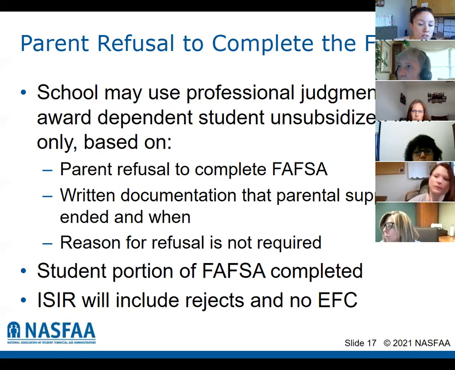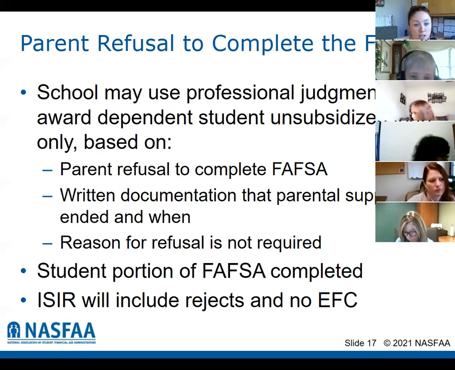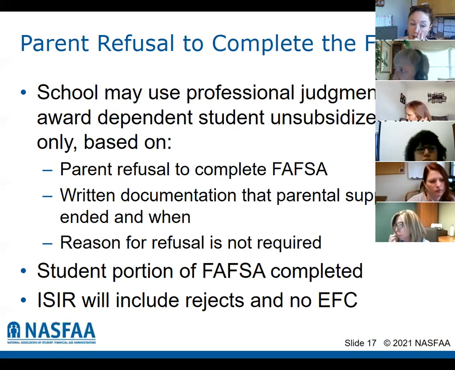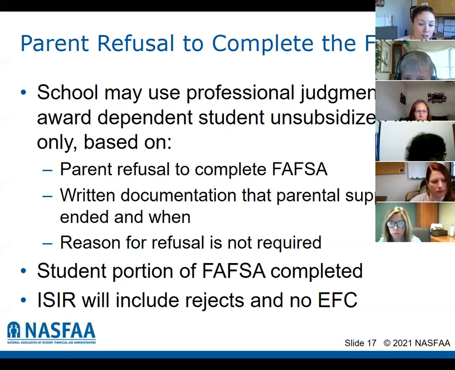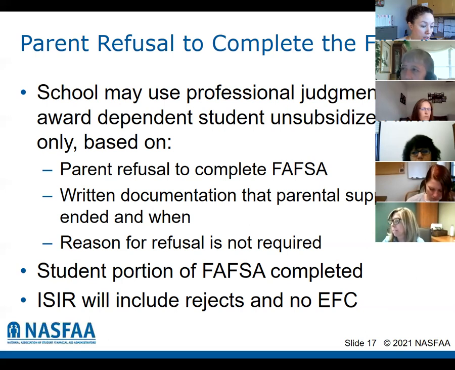Okay, so this is just a little bit about overriding the dependency status or the amount of Stafford loan that a student's eligible for. Schools can use professional judgment to determine that a student should be awarded the independent level of Stafford loan. Honestly, I would start with seeing if a parent would be denied on the PLUS before going through a whole PJ process to get some additional Stafford eligibility for a student.